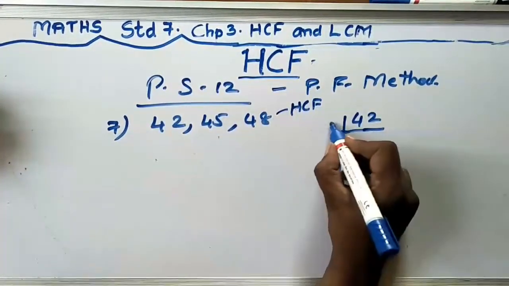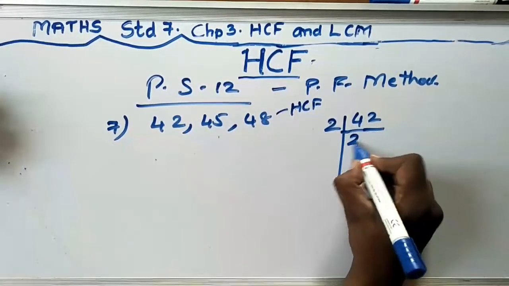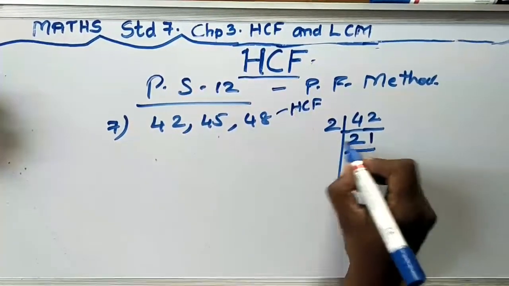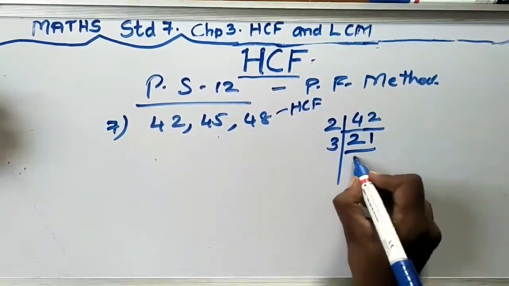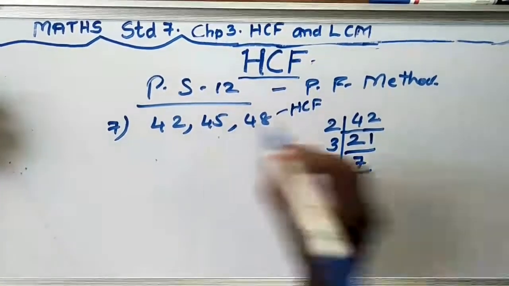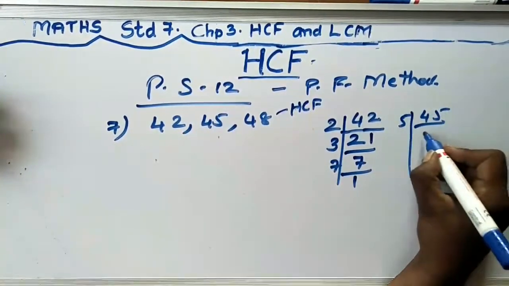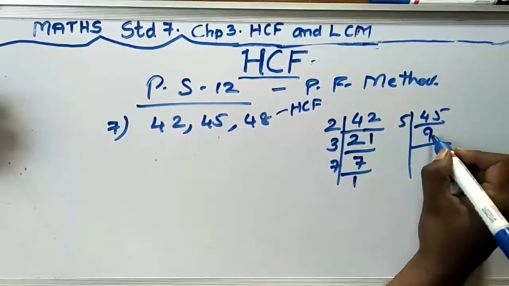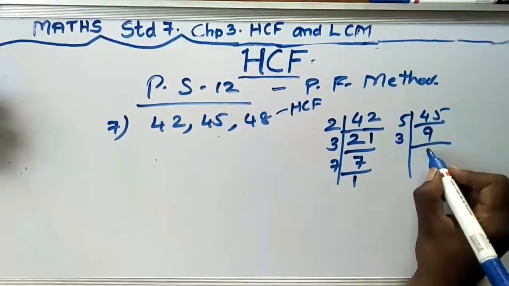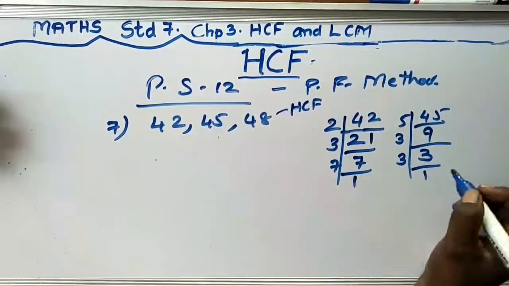So 42, I'll take 2 table, 2 2s are 4, 2 1s are 2, 21 goes in 3 table 7 times, 7 goes in 7 table 1 time. 45 goes in 5 table, 9 5s are 45, 9 goes in 3 table, 3 3s are 9, 3 goes in 3 table 1 time.